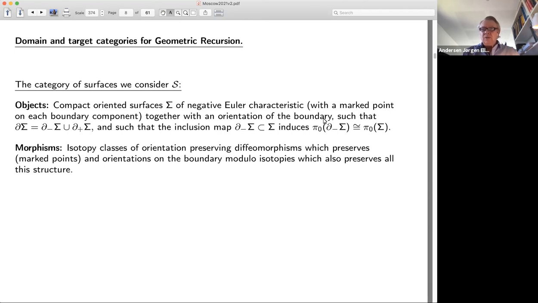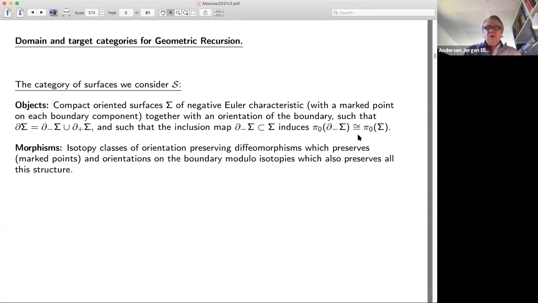together with an orientation of the boundary in such a way that the boundary is naturally split into the in boundary and the out boundary. And I want it exactly such that there is one in boundary for each connected component of the surface. And that can be said in the following way: if you consider the part of the boundary that's in and look at the inclusion into the surface, that gives you an isomorphism on connected components.